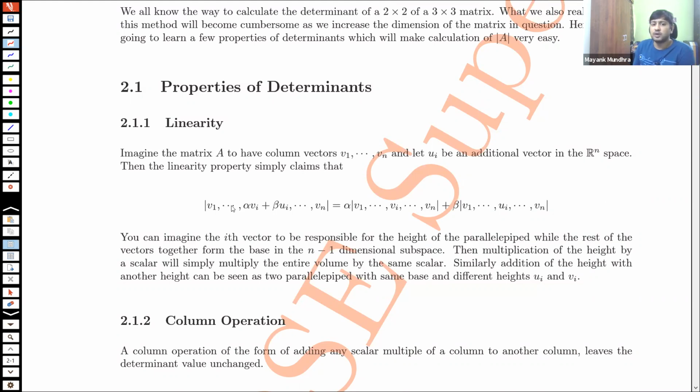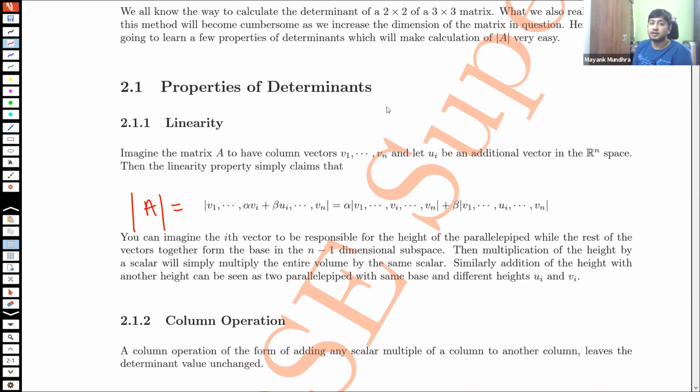Suppose you have some matrix A whose determinant you want to find, and matrix A is basically V1, so these vectors are the column vectors: V1 vector, V2 vector, V3 vector, and so on.